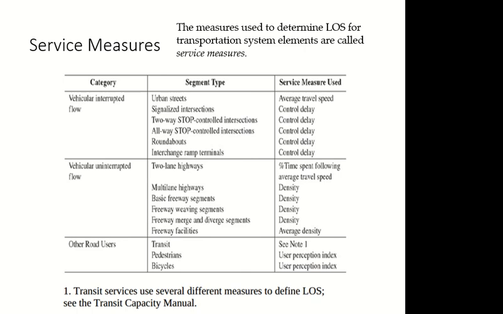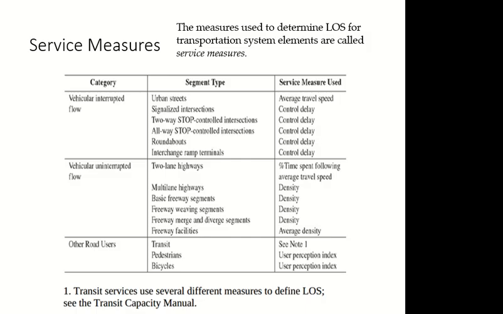So the number which we use to decide the level of service is called the service measure. Okay, so what is a service measure? It is a traffic parameter which is linked with the level of service. For most of the uninterrupted flow facilities, which you see in the first row of this table, the service measure is density.